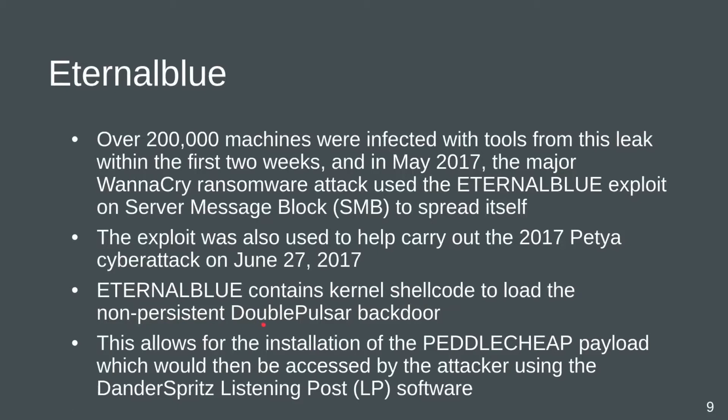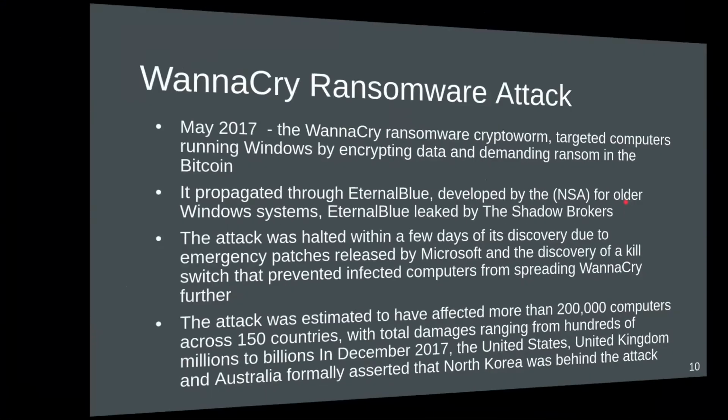I'm sure that sounds much more exciting than it actually is. So this particular Eternal Blue exploit was particularly damaging to Windows in 2017 and all the systems running Windows.